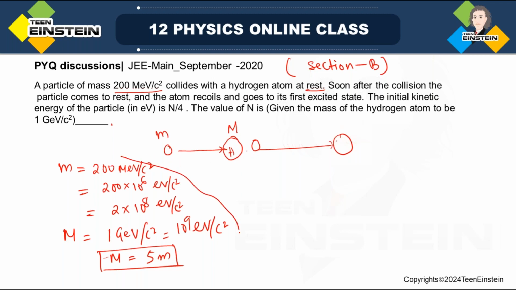Suppose the initial velocity is some vi, and after the collision it has zero velocity, but this hydrogen atom has got a certain velocity, let us say vf. And not only that, this hydrogen atom actually goes to its excited state.